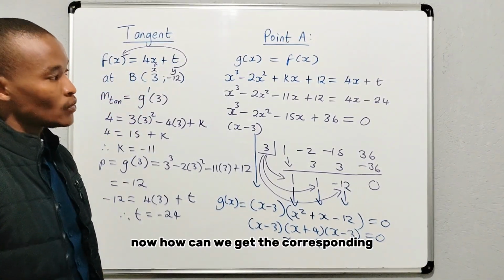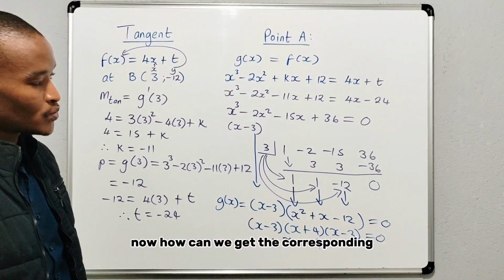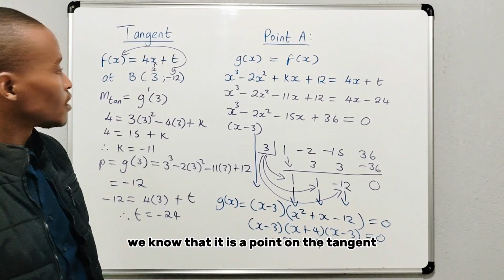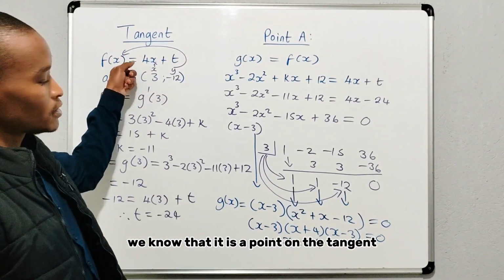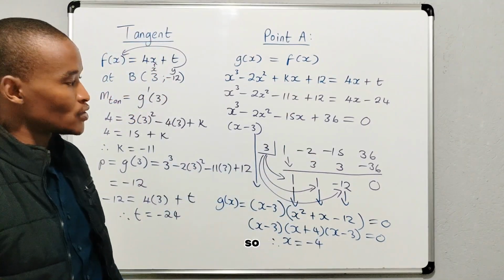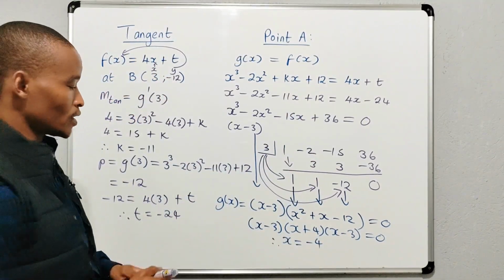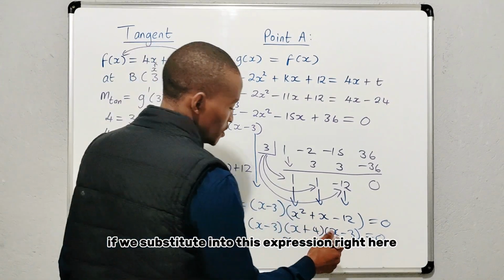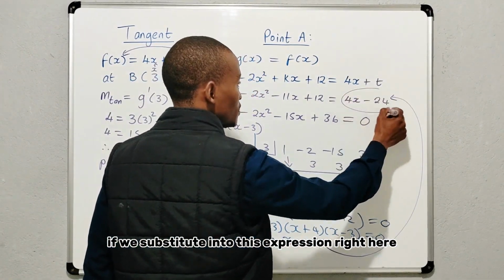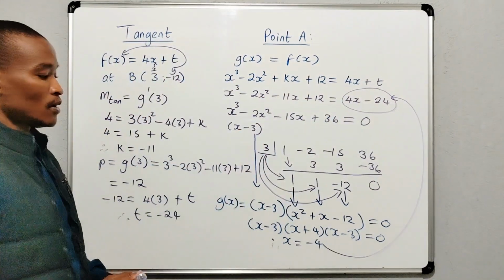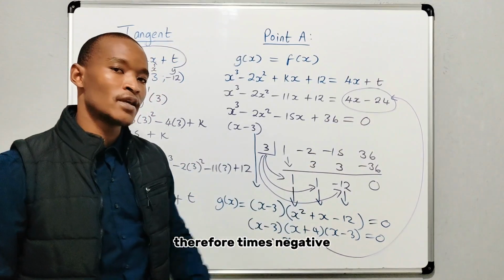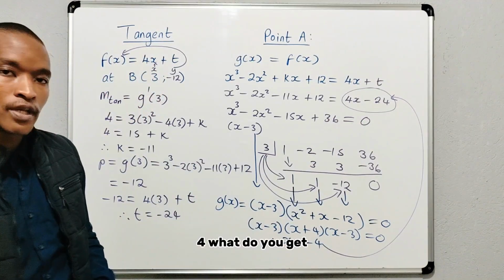Now, how can we get the corresponding y-coordinate? We know that it is a point on the tangent, and it is a point on the cubic graph. So we can substitute into this expression right here, and you bring in the negative 4 there. 4 times negative 4, what do you get?